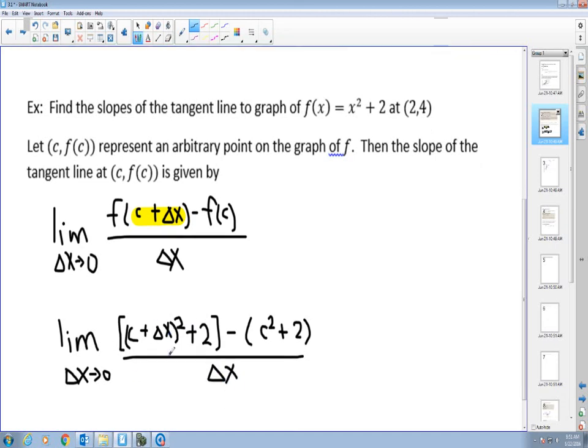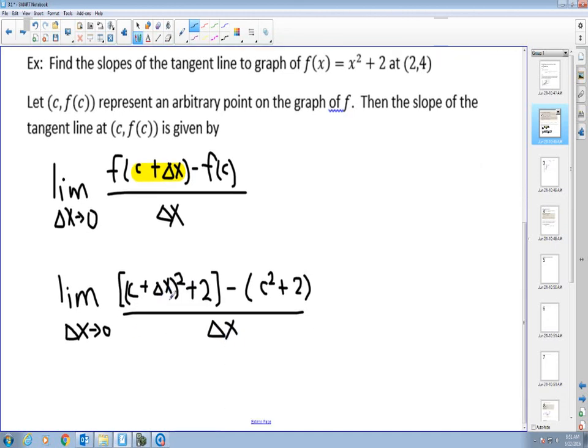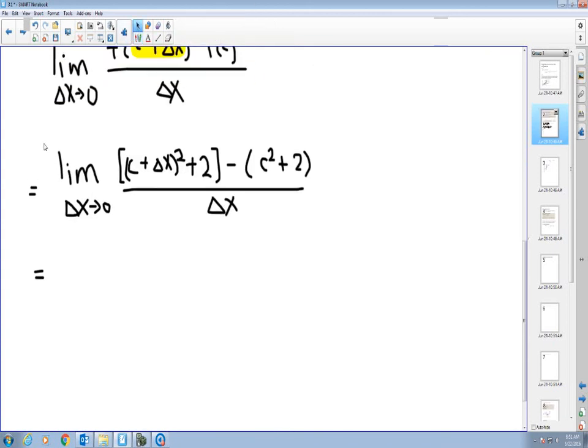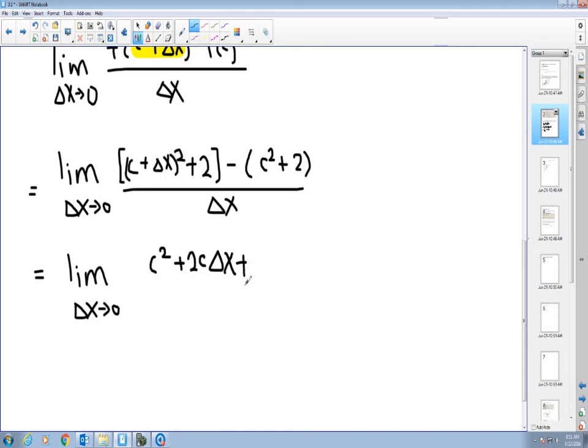If I simplify my numerator, c plus delta of x, the whole thing squared, using the perfect square binomial, that should leave me with c squared plus 2c delta of x plus delta of x squared.